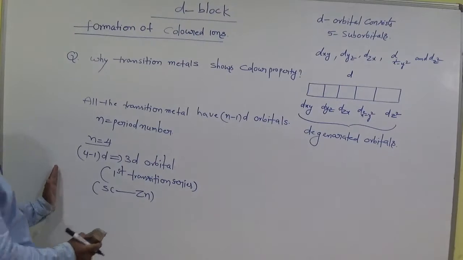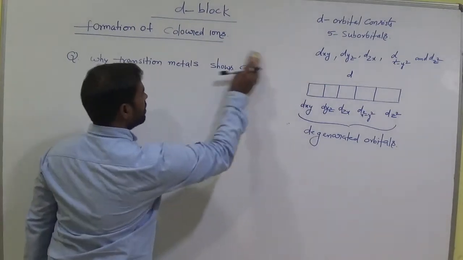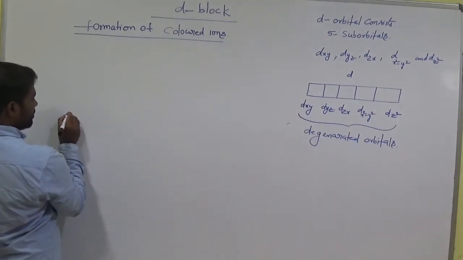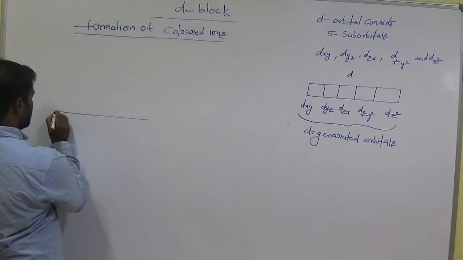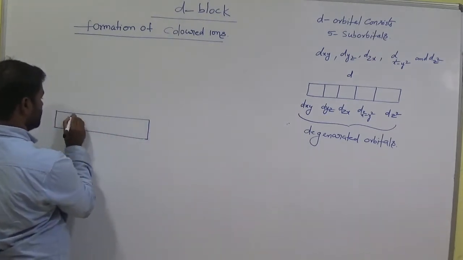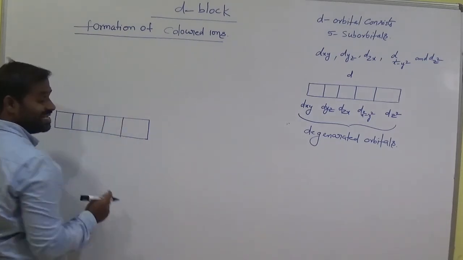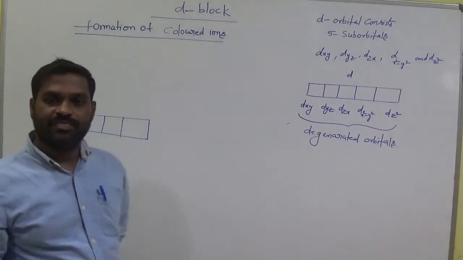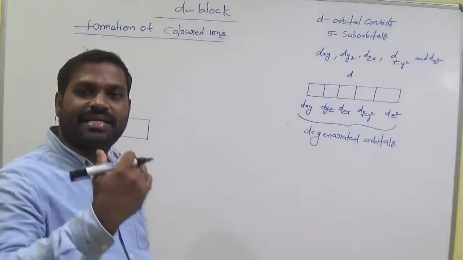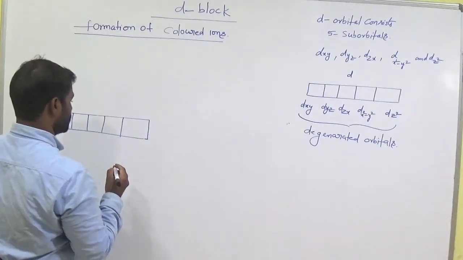Note it down. In the presence of ligands or solvent molecules, these d orbitals undergo splitting into two different groups. Am I right? Two different groups.